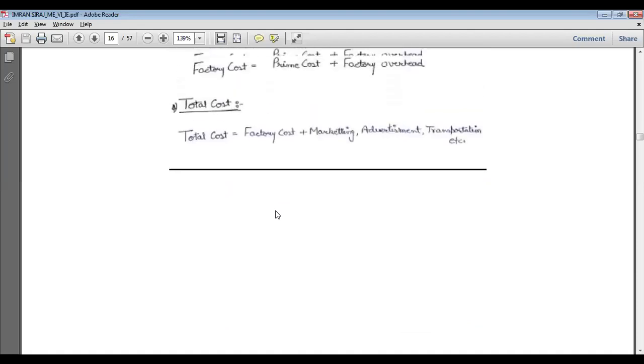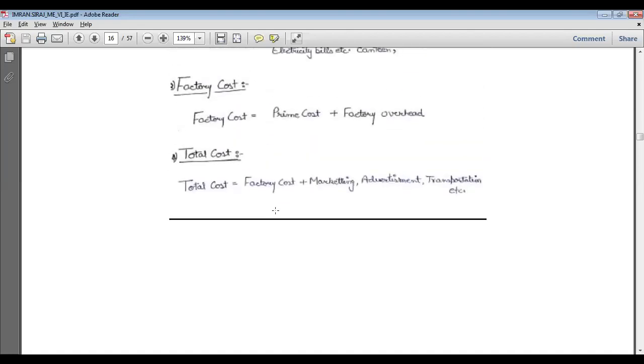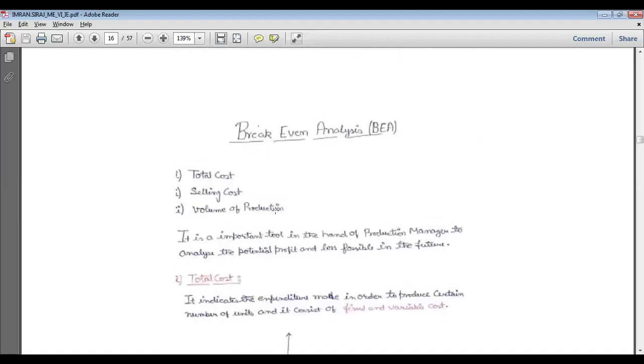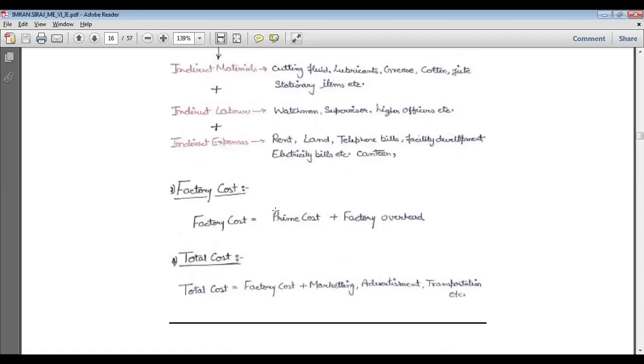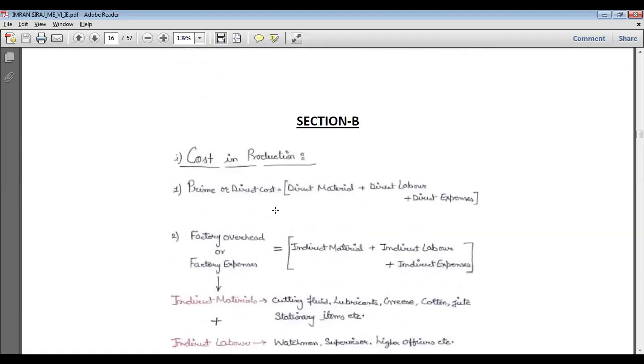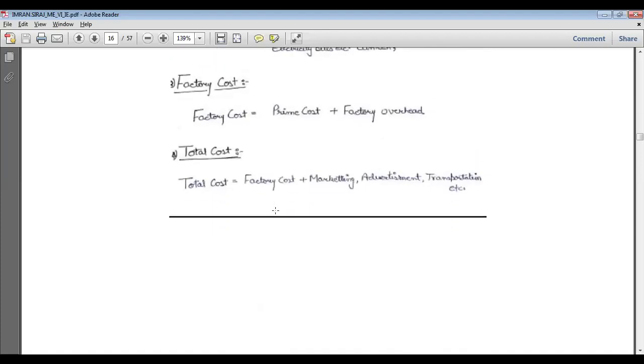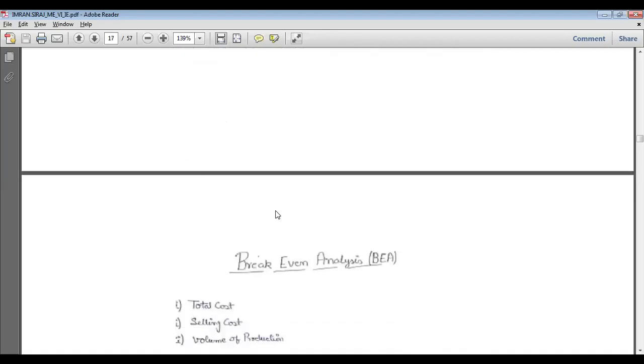To the factory cost, when the other allied functional costs such as advertisement, marketing and transportation are included, we get total cost. After getting total cost, we have the basic idea of manufacturing cost analysis. So in this way we will be finding the manufacturing cost.